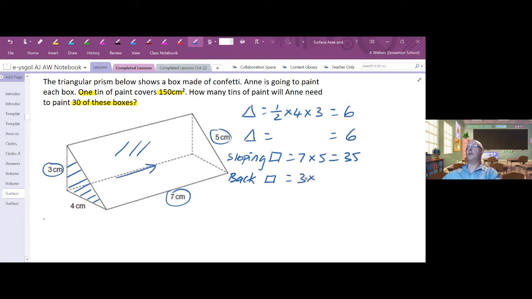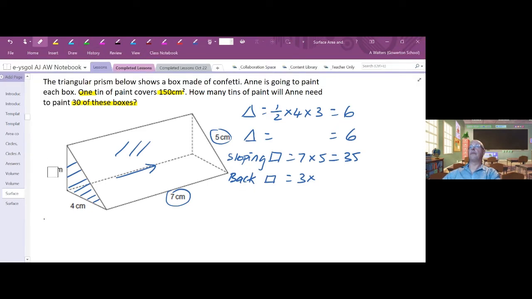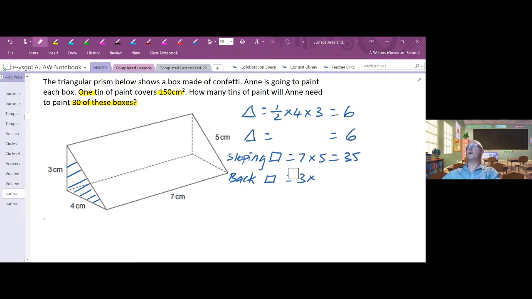3 times 7. Actually, I'm going to keep it the same. I'm going to say it's 7 by 3 tall, which is 21.